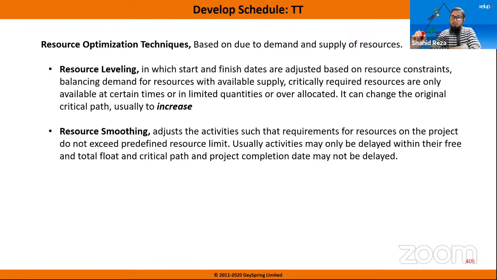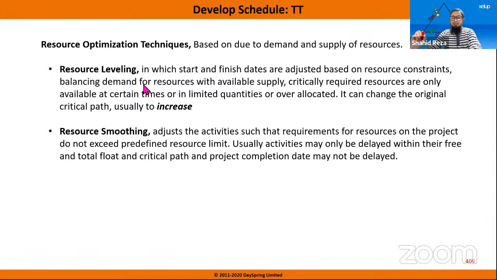Also some resources will be on leave, some resources will be sick. So how do you level your resources so that the absence of a resource doesn't jeopardize your task, your activity, your project? That's why you have to do resource leveling. If you use any software, every software has a resource leveling tool.